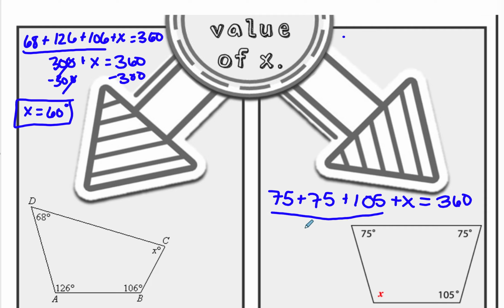So I'm going to add this together. 75 plus 75 plus 105 is going to give me an answer of 255. So I have 255 plus x equals 360. Now I'm going to subtract 255 from both sides, and I'm going to end up with x equals 105 degrees.